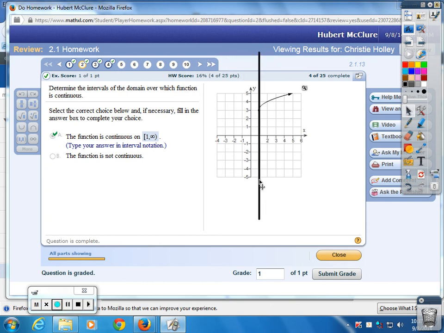Bam! What do we hit? We hit the function at 1. What is this circle right here? Is it closed or open? Closed. So it gets a bracket. And then it keeps going to, what's this arrowhead called right here?